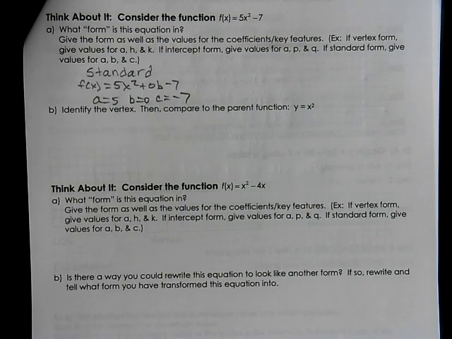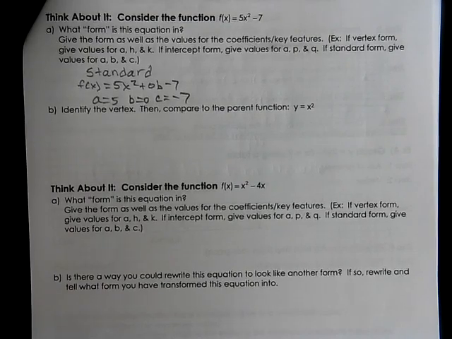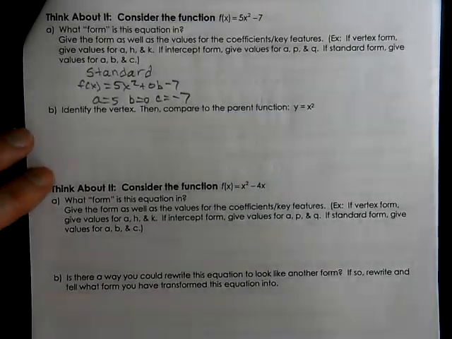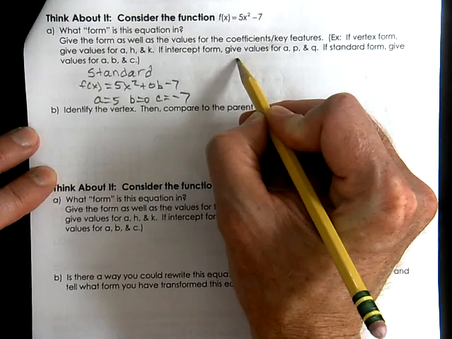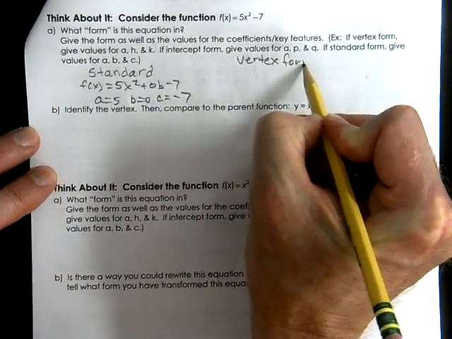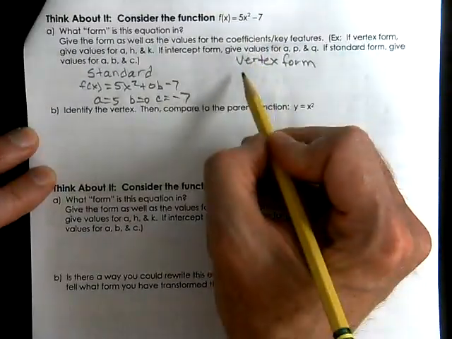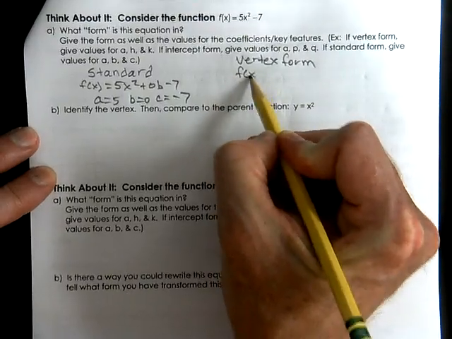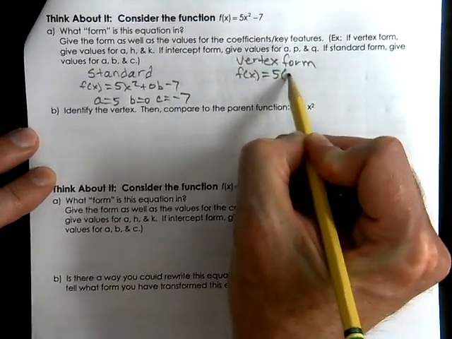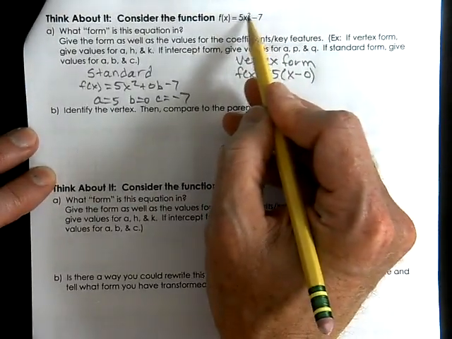Is there another form it could be in? We only have 3 options. And the other one would be vertex form. For this to be in vertex form, you might like to see it written as 5 parenthesis x minus 0, because there is no value being subtracted from the x.